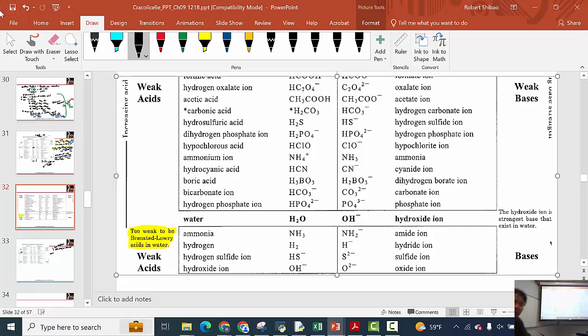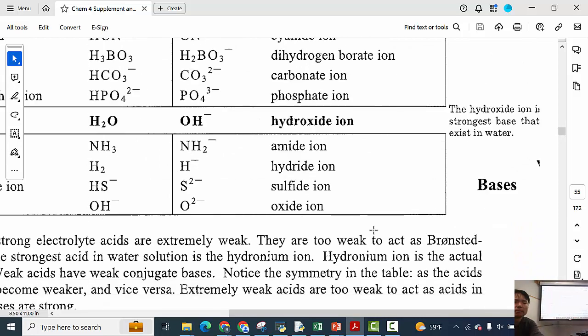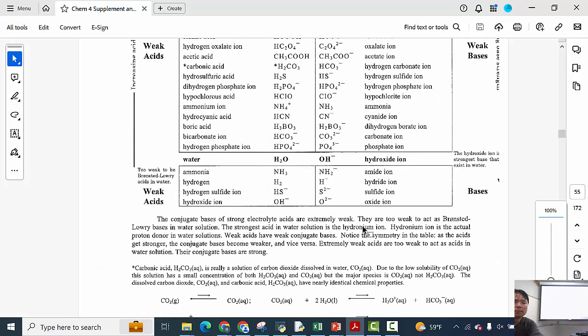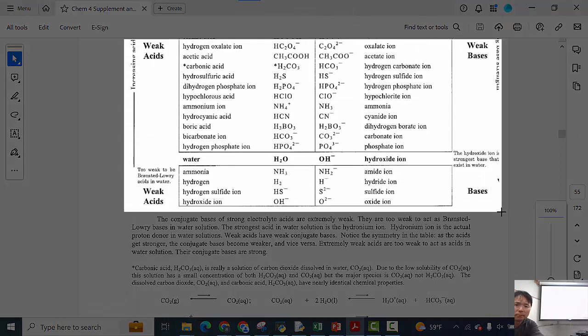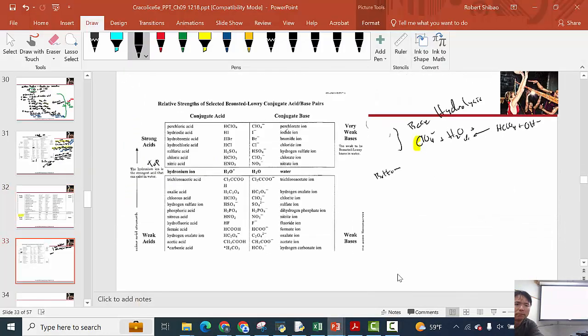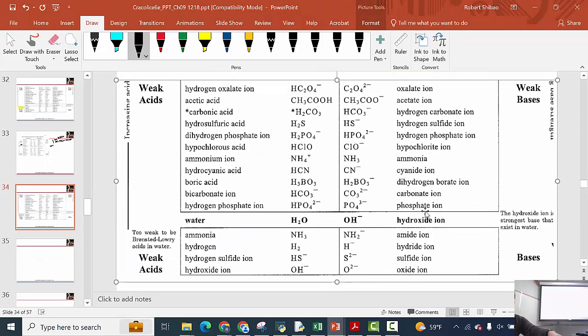So if we take a look here, hydroxide ion is the strongest base that exists in water.